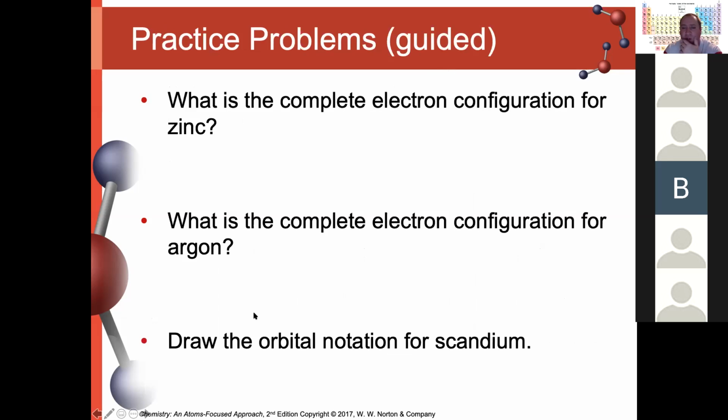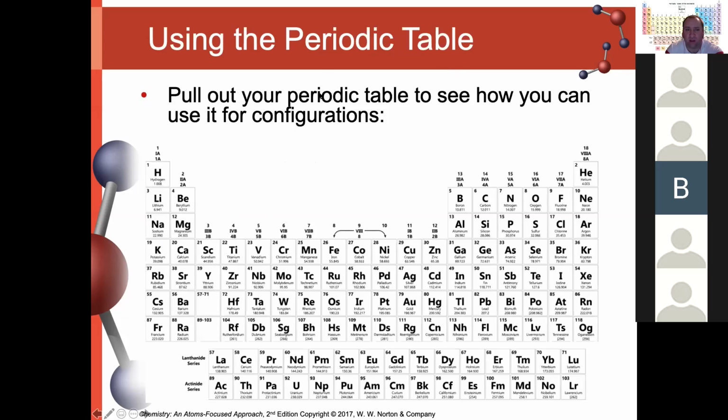And the last one is asking for the orbital notation for scandium. So if you're asked to draw orbital notation, again, it's the same kind of idea, just instead of doing the superscripts, you're going to draw lines to represent the orbitals.